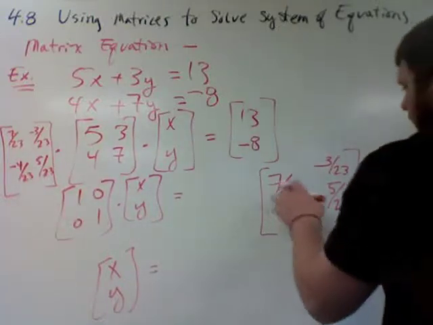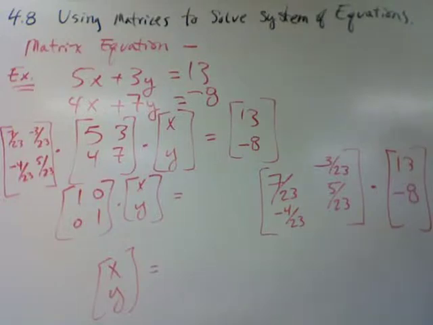I get 7/23 times 13, which ends up being 7 times 13, which is 91. So 91/23.